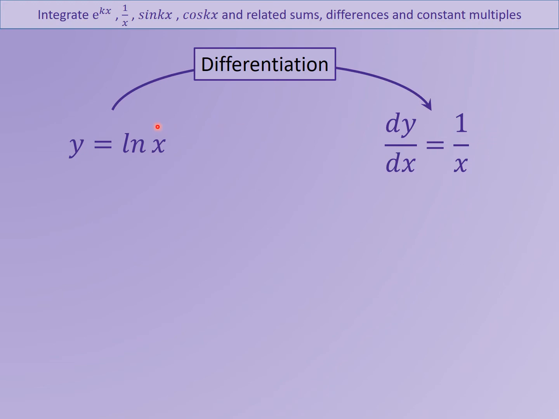But this is quite an important result because it means that if I want to integrate 1 over x, which previously was the only one I couldn't do, because you could write that as, let me just get my pen out, you could write this as x to the minus 1.